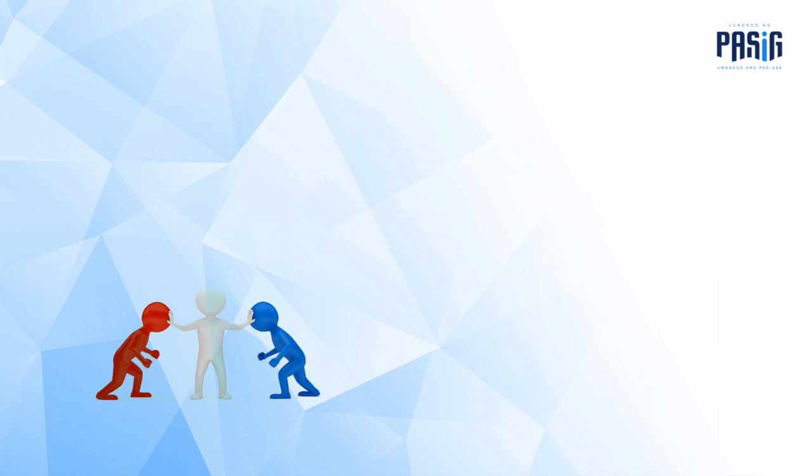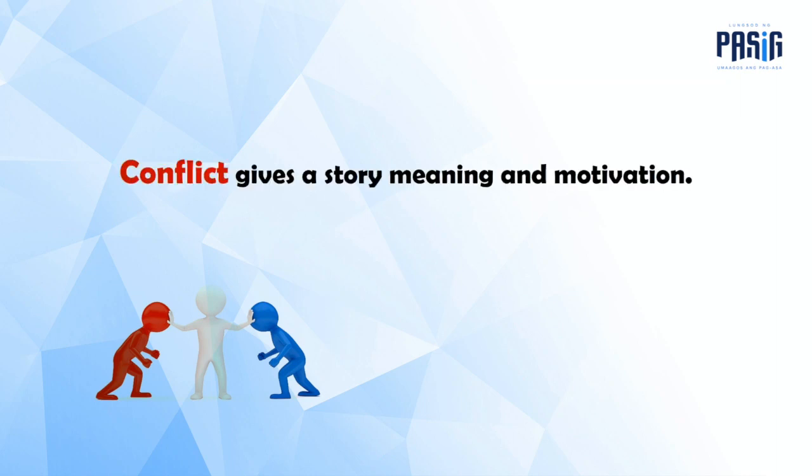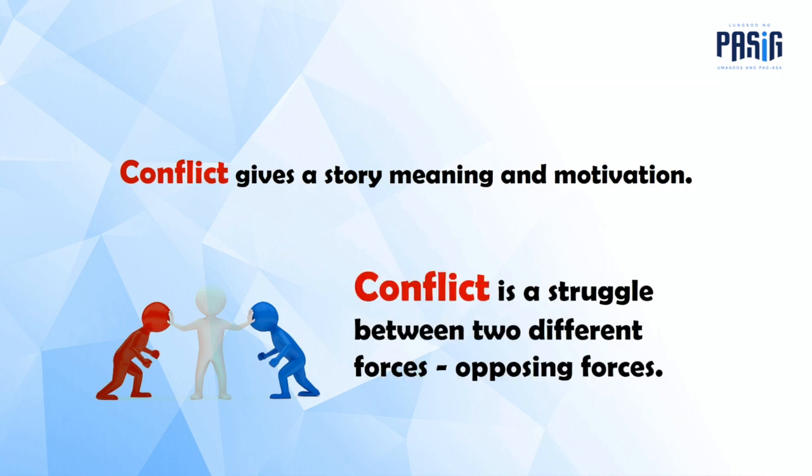These struggles are necessary to keep us engaged, entertained, and keep on turning pages. What is conflict? Conflict gives a story meaning and motivation. It is a struggle between two different, opposing forces.